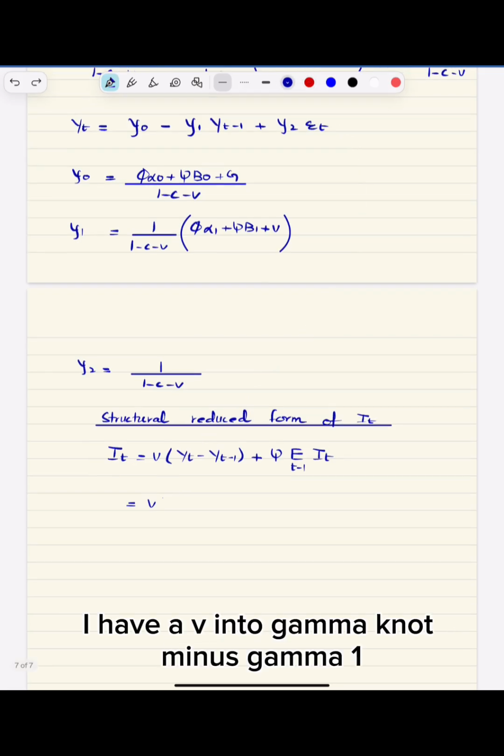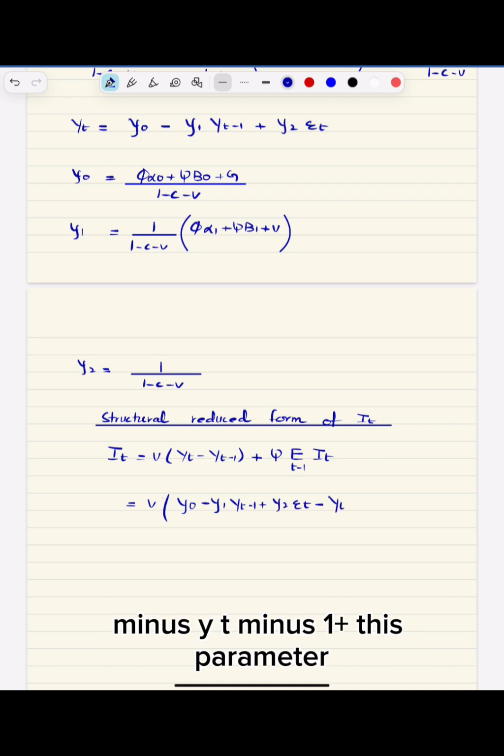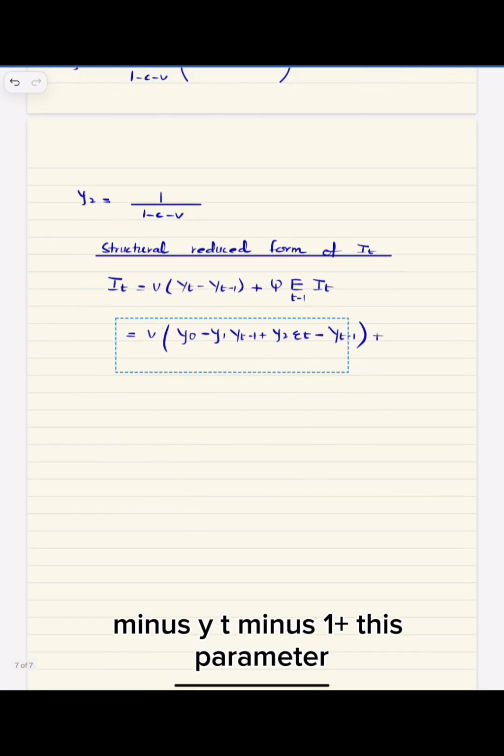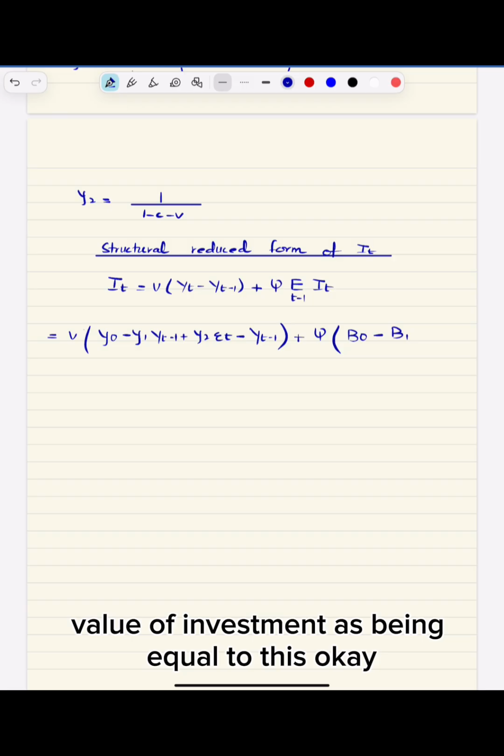I have a v into gamma naught minus gamma 1 yt minus 1 plus gamma 2 et minus yt minus 1 plus this parameter, and we had found out the expected value of investment as being equal to this.